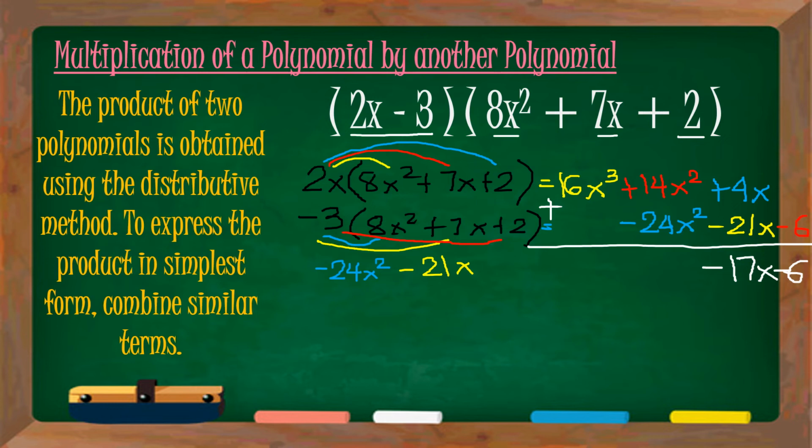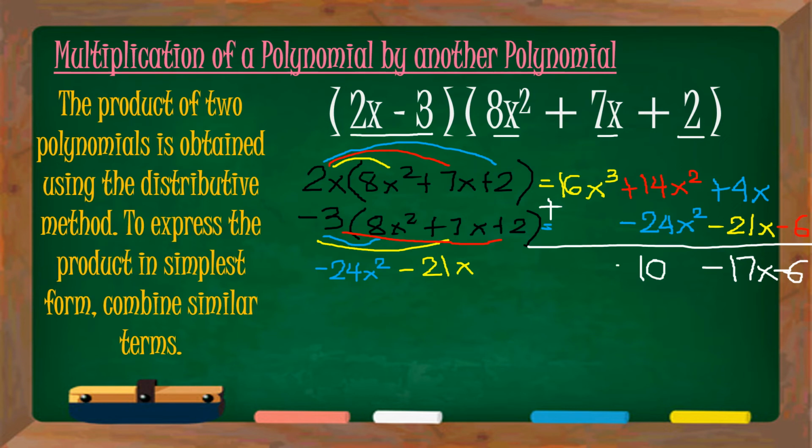Okay, next. We have 14 plus negative 24x to the second power. So, different signs. Kaya hindi tayo pwedeng mag-plus. We will change into subtraction. So, 24 minus 14 is equal to 10. Then, the sign of the larger number is negative.